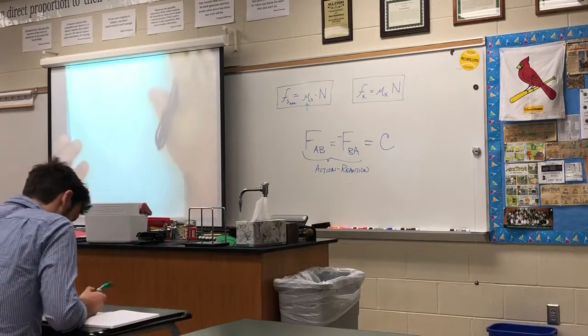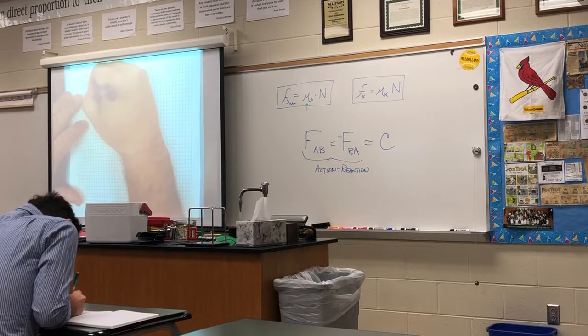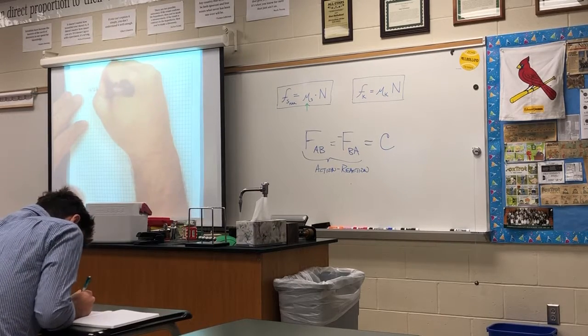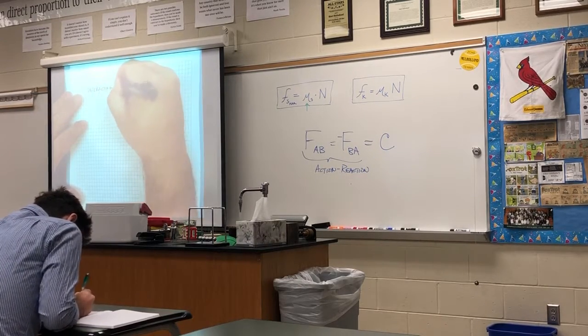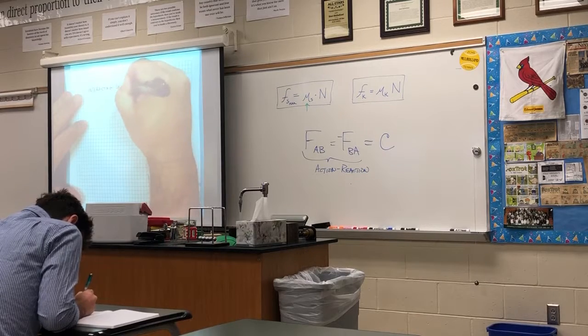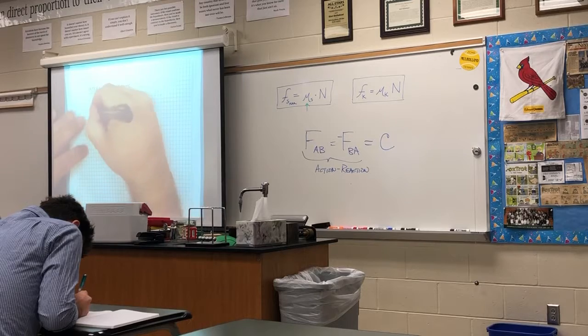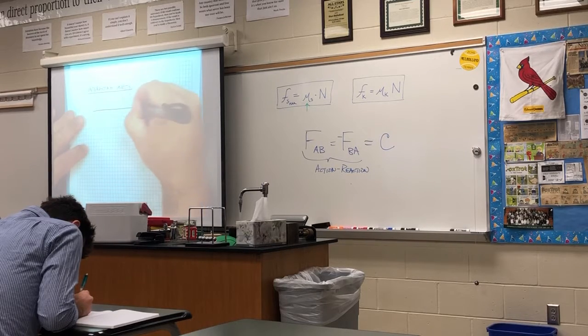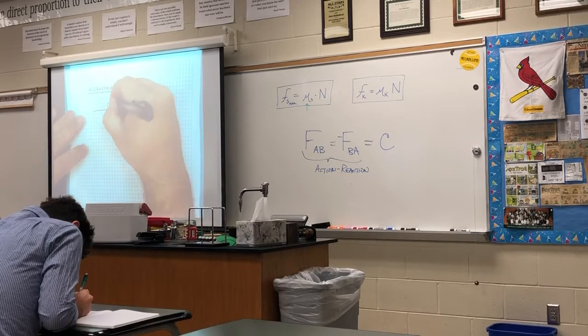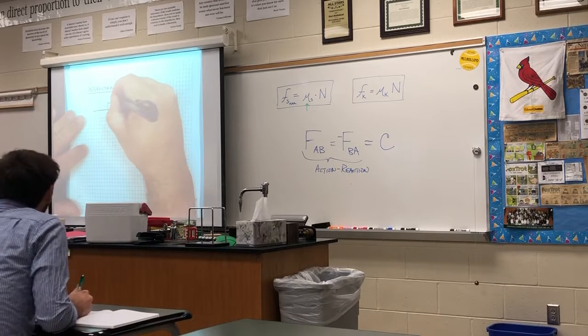We're going to call this interacting objects. And in interacting objects, I've got, what did we say the masses were? 5 and 10.